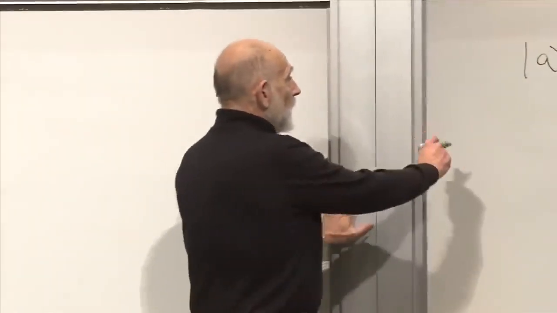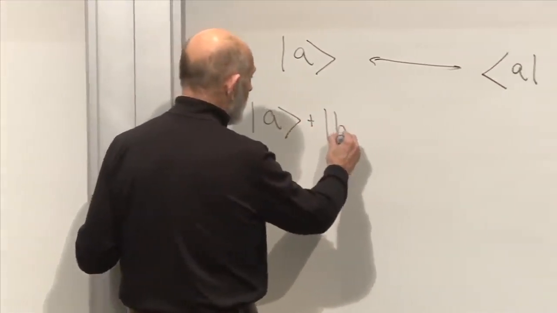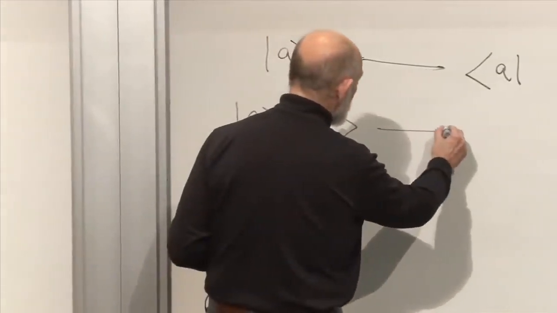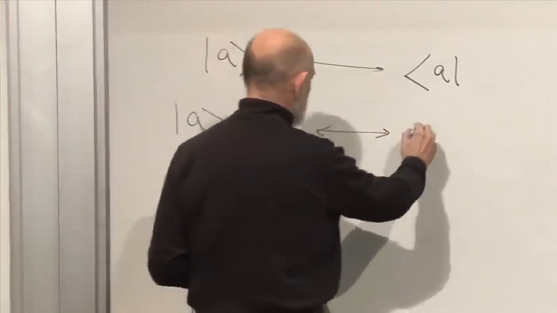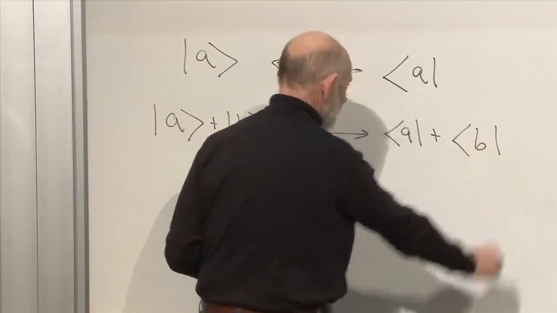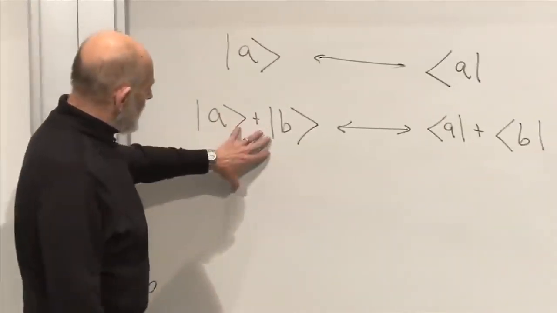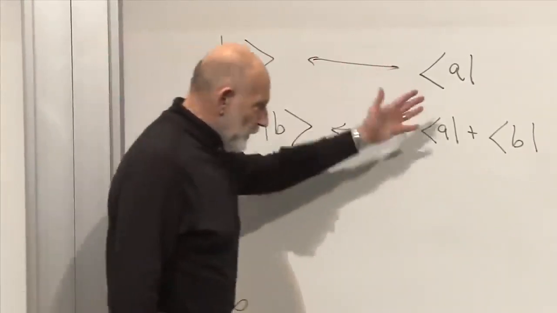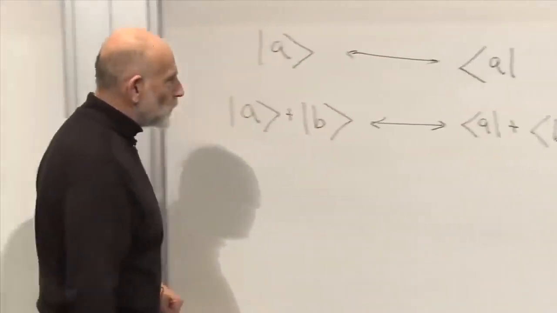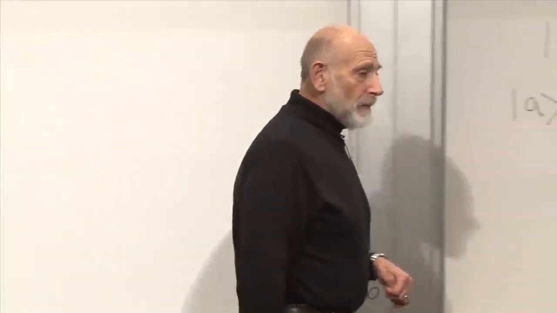Next, if you take two vectors and you add them together, then the dual of the sum is just the sum of the duals. So if you take a vector which is made up of the sum of two other vectors, then its reflection in the dual space is just the sum of the individual dual vectors. These are postulates, but they're not so obscure.